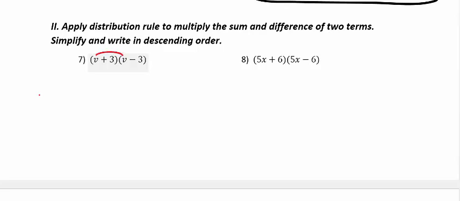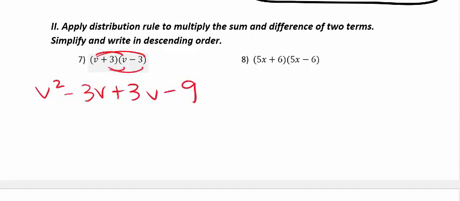So v times v is v squared. Then we have a minus 3v, then a plus 3v, and a minus 9. So these middle terms here are going to end up being 0. Negative 3v plus 3v just gives us 0v, which is 0.